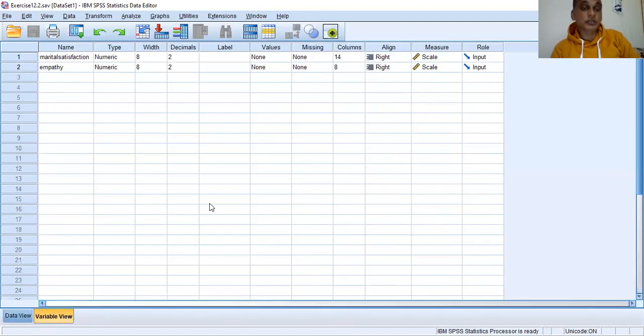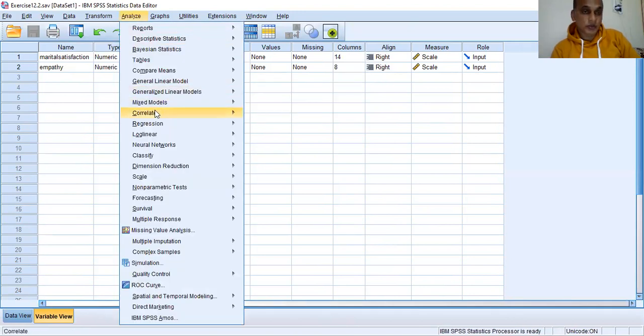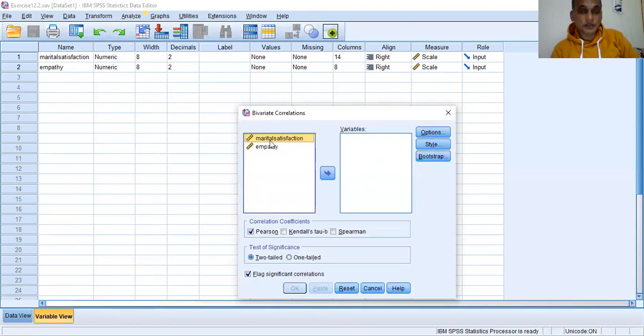Returning to the variable view and moving straight to the analysis part, we are doing correlation. We go to Analyze, go to Correlate, click on Bivariate, and this is what we have. Bivariate correlation is before us. I move the two variables to the variables box from where the analysis will be conducted.